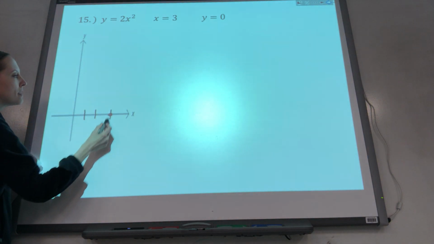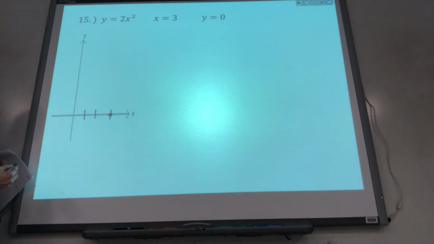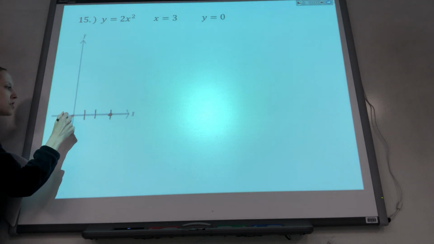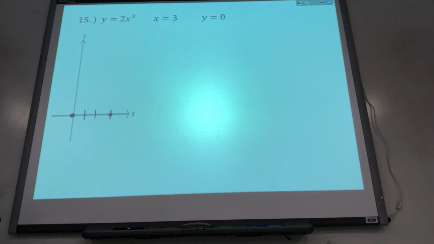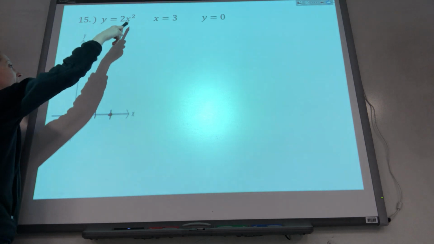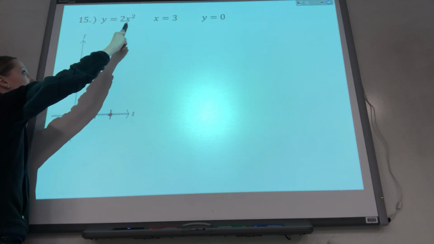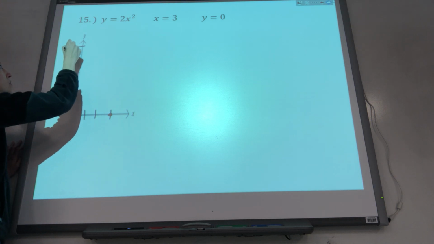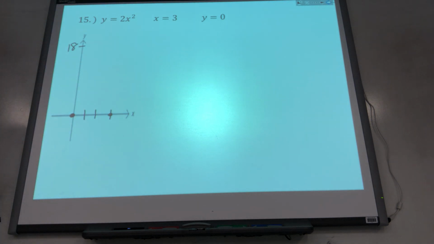I know there's going to be a vertical line at x equals 3. So when I draw my parabola, there should be a point at the origin with that parabola. But think about what happens at x equals 3. If I plug a 3 in right here, 3 squared is 9. 9 times 2 is 18.